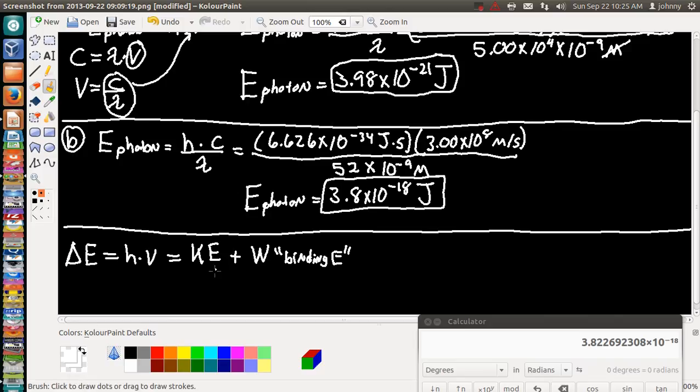That formula we have to know for sure. So basically, what we're going to use is only this part of it right here.